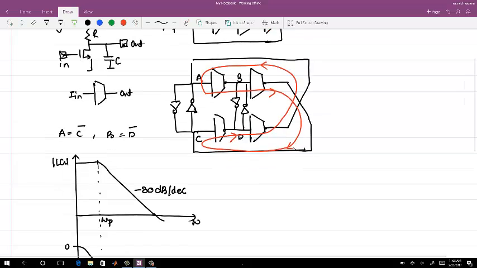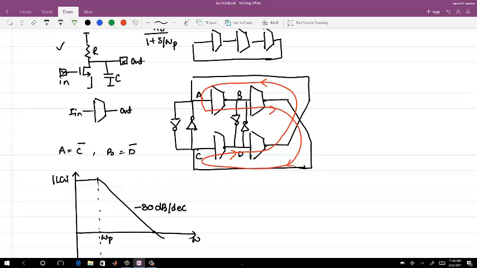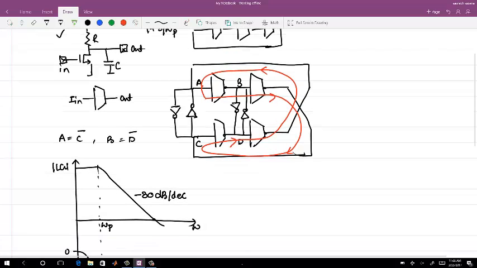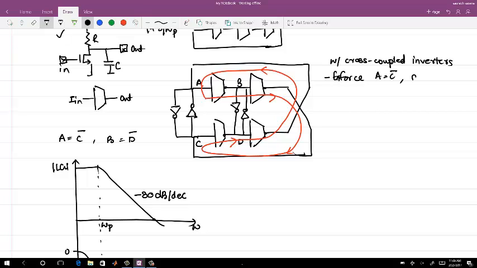Okay. So now, there are two ways to look at it: when I put the cross-coupled inverters, what am I actually doing in the system from the loop gain point of view? One way is, with cross-coupled inverters, I actually enforce the relationship A equals C bar and B equals D bar.